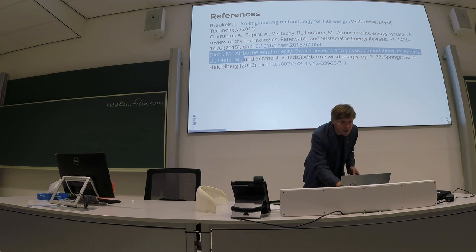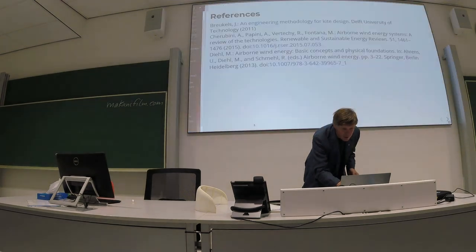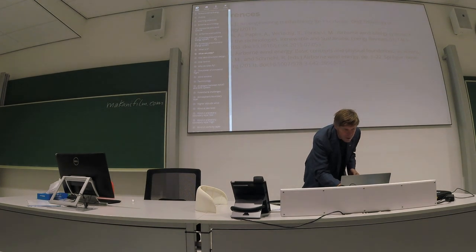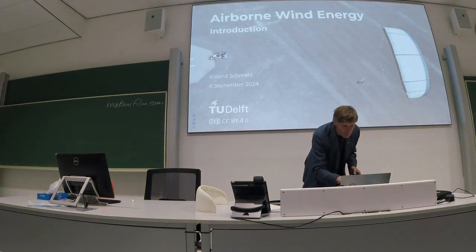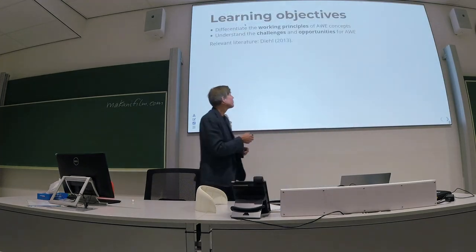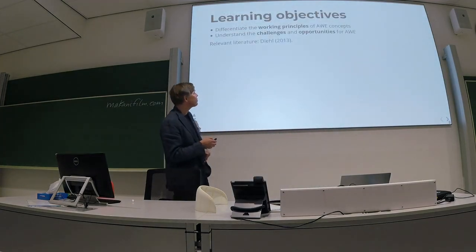I will also make this available on Brightspace. Actually, here this hamburger symbol is the menu. If you later need to operate this, you can move around in this presentation. Okay, so you have the literature chapter here.